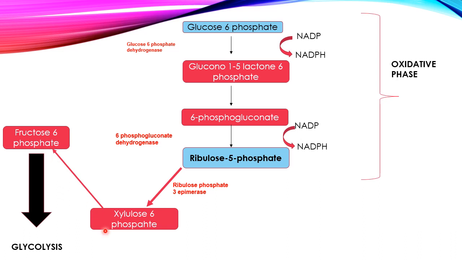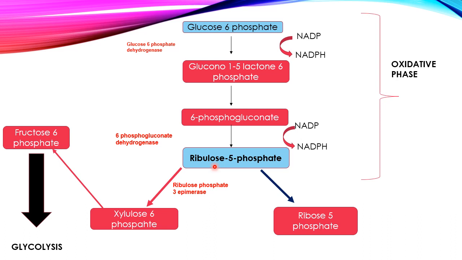So that is the conversion of xylulose 5-phosphate into fructose 6-phosphate, and from there the continuation of glycolysis. This is one of the possibilities where xylulose 5-phosphate can be used.